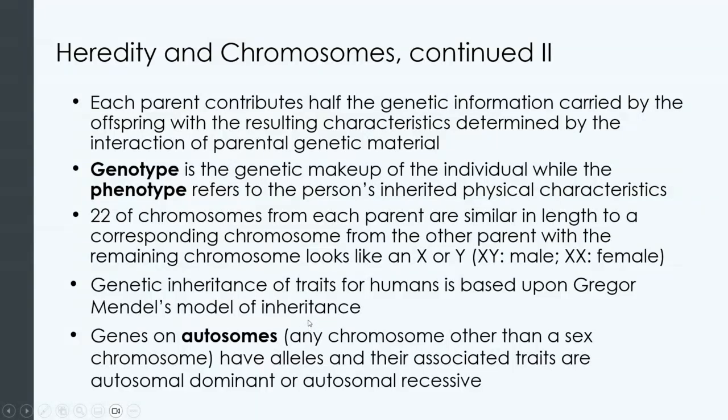And our 23rd pair are called the sex chromosomes, and that's what determines whether we are male or female. So if you're a female, you're an XX on the 23rd pair, and if you're a male, you're an XY. And only the males can determine if a male is made.